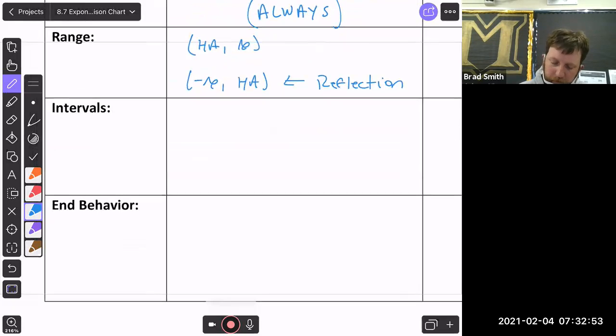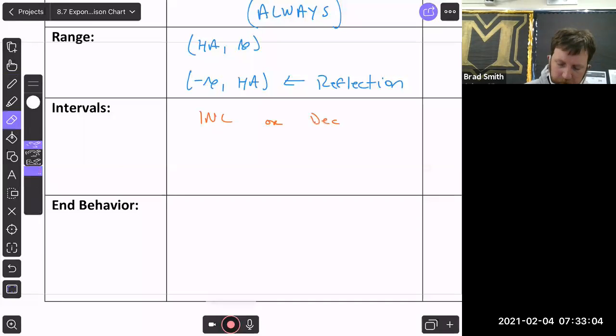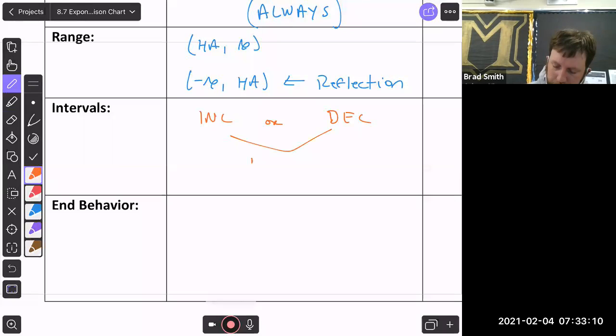All right, my intervals. You're going to tell if it's increasing or decreasing, depending on if it's growth or decay. Remember, it's never both.